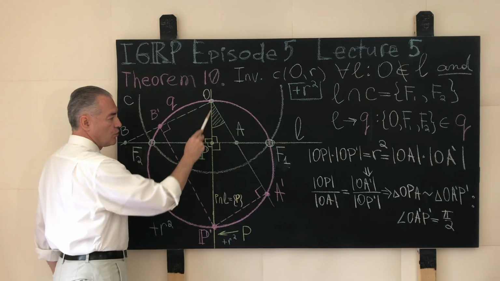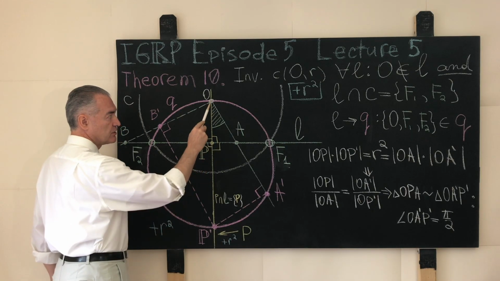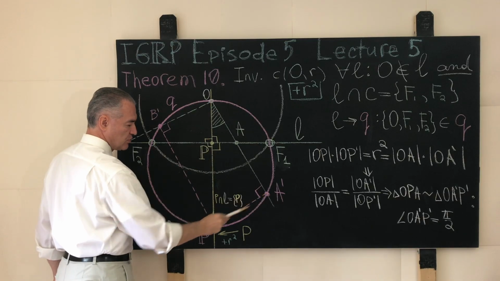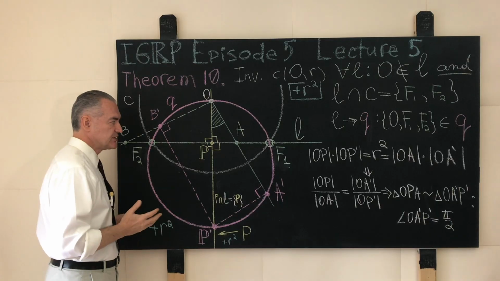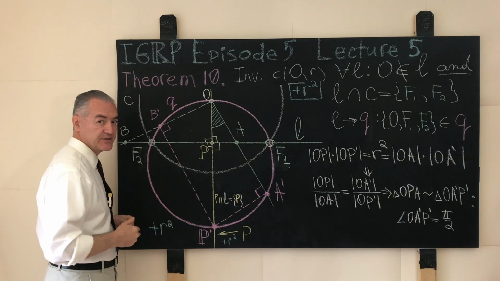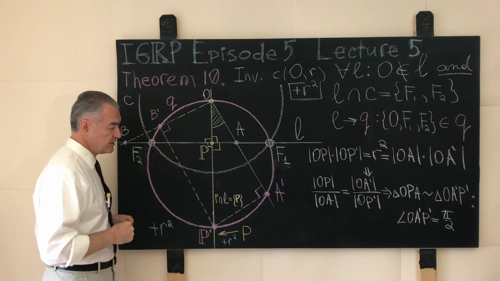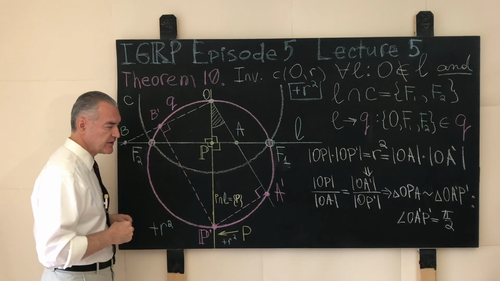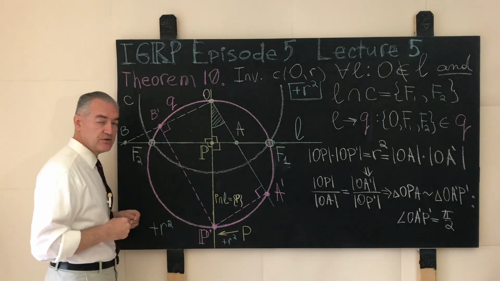The triangle OPA, the right triangle, is similar to the triangle OA prime P prime. In modern times, this will be said, I think, SAS, side angle side, the similarity criterion. These triangles are similar, and this is another theorem in Euclid's Elements.